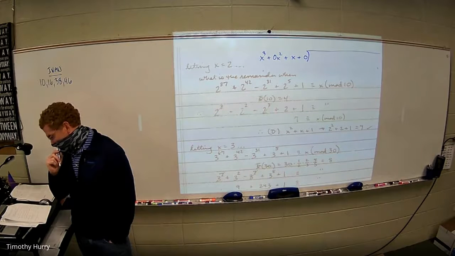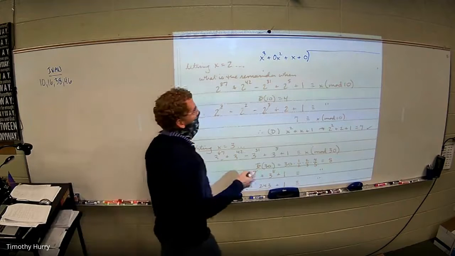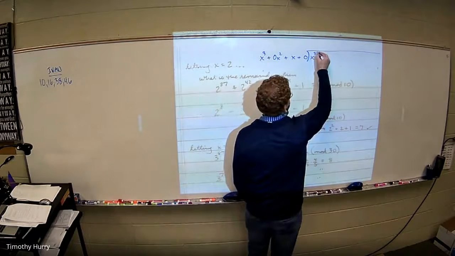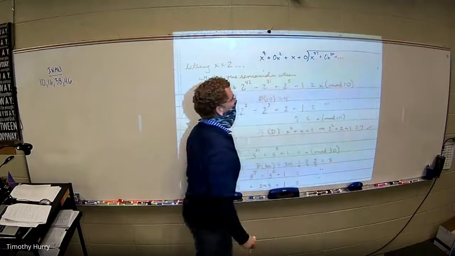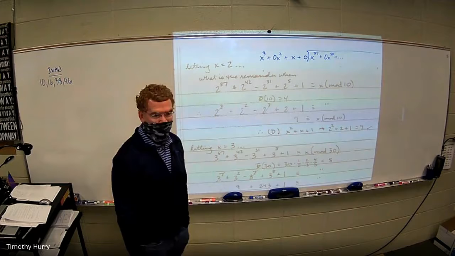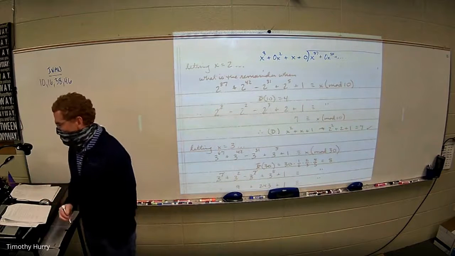Yeah, it's going to be really ugly. But you could technically do it if you had some free time. x to the 87 plus 0x to the 86. I don't really know that I would like that. That doesn't seem fun to me.